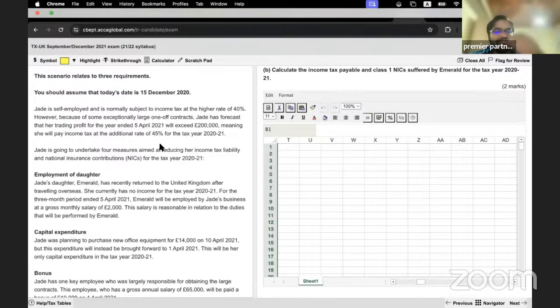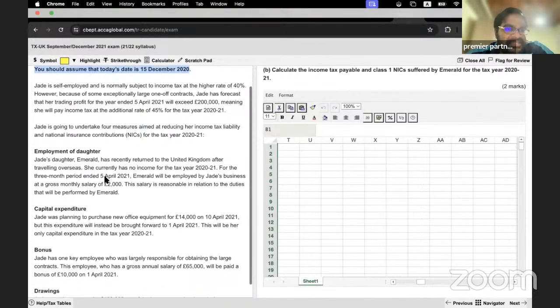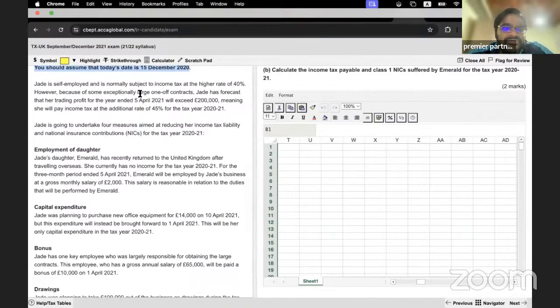Great. Then let's walk through the scenario. You should assume today's date is December 2020. This can be a very important piece of information in certain questions. Might be in this one as well. Jade is self-employed and normally subject to income tax at the higher rate of 40%.